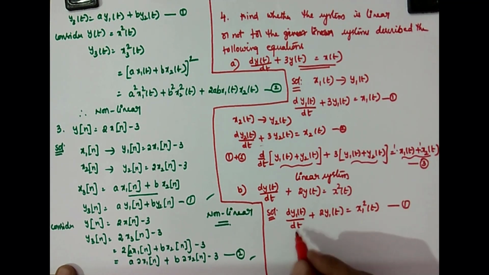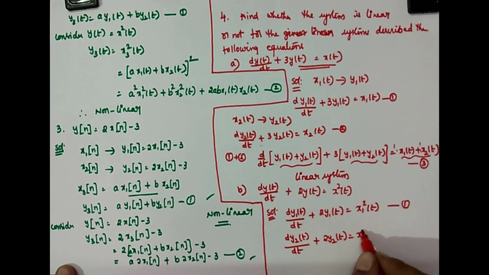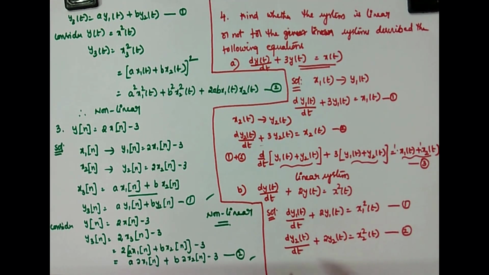For x2 of t, output is y2 of t. Write the system equation in terms of x2 of t and y2 of t. dy2 of t by dt plus 2 into y2 of t is equal to x2 square of t. Let this be equation number 2. Then add 1 and 2.